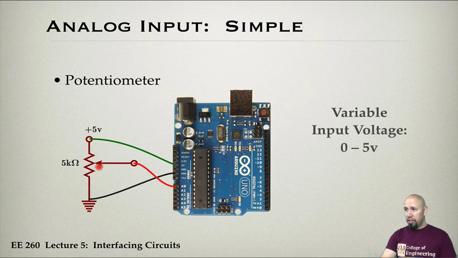And so if I were to set the wiper halfway between the top and the bottom, I should get 2.5 volts. There's no loading effect. If I had lower input impedance, I might get some loading effect, but in this case I would get no loading effect. So what the potentiometer allows us to do is get a variable resistance, which allows us to get a variable voltage. I can get anything between 0 and 5 volts. So that's a helpful thing to have, and a very simple analog input circuit.